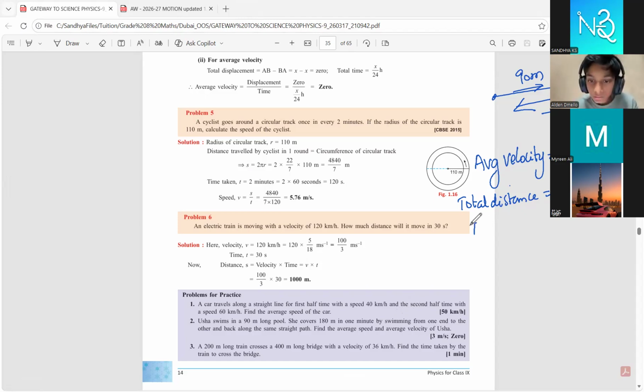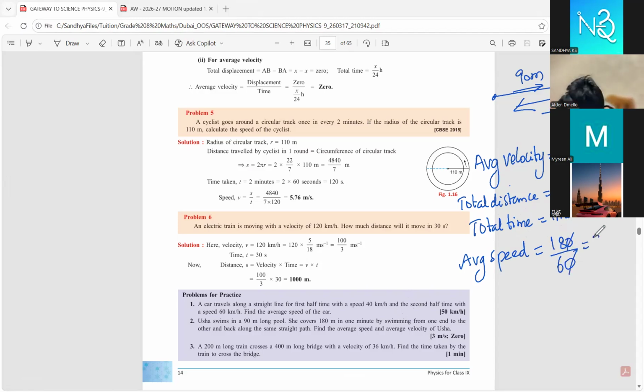So total time, 1 minute, that is equal to how many seconds? 60 seconds. So what is the average speed? Distance by time, right? So 180 divided by 60, that is equal to 3. So answer is 3 meter per second. Clear?